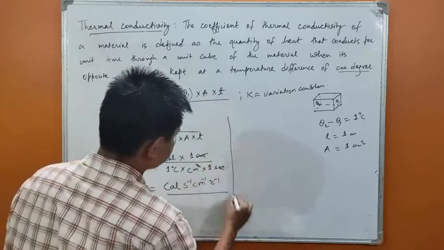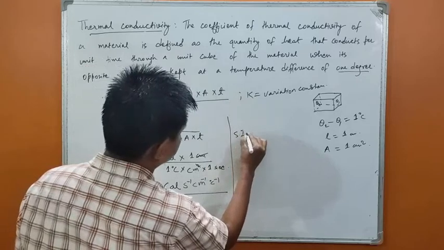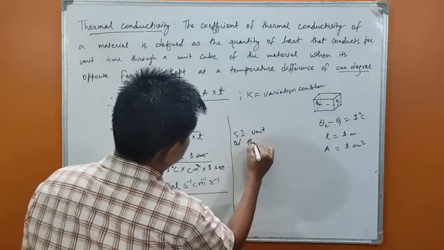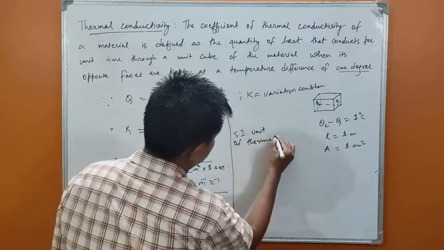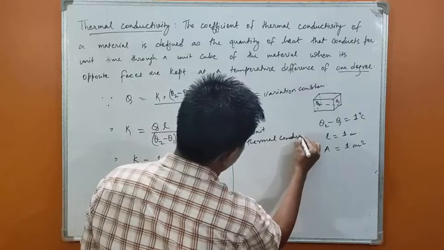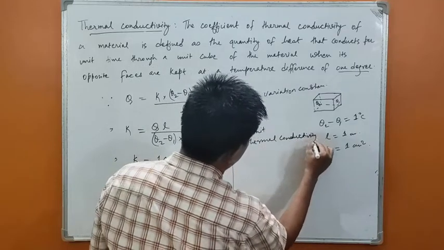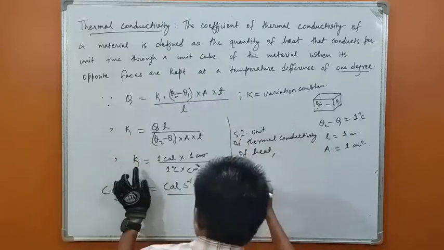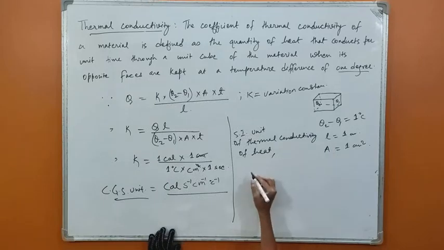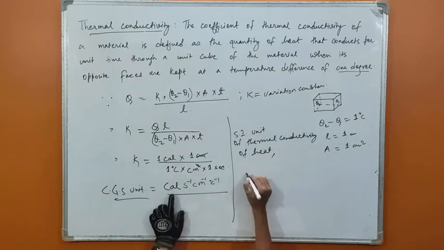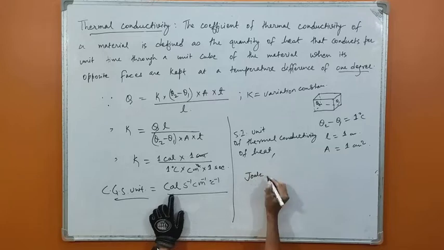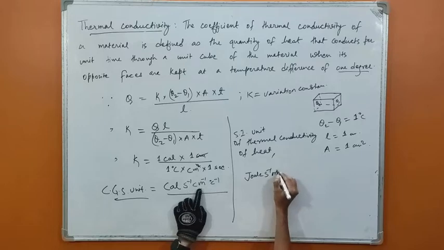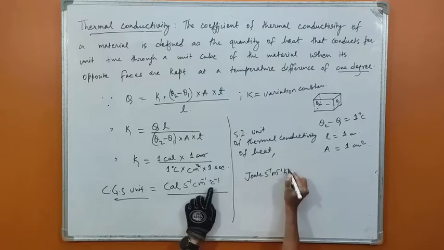Now the SI unit of thermal conductivity, that is K. The SI unit is calorie becomes joule, second remains second, centimeter becomes meter, and degree Celsius becomes Kelvin.